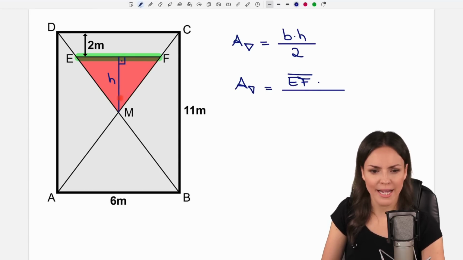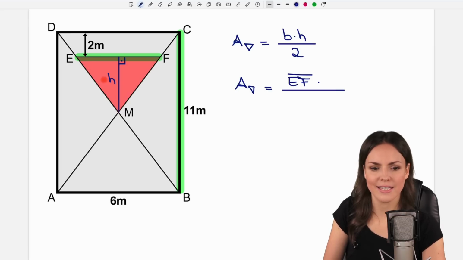What do I know about my height here? We know the length of this side of the rectangle, which equals 11, and we know that this point M here is the intersection point of the two diagonals. So this is the center of my rectangle, which means that this length here is half of the entire side.